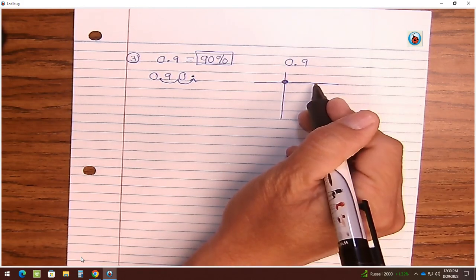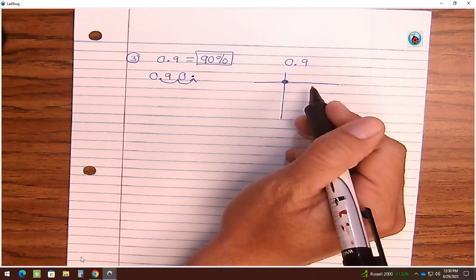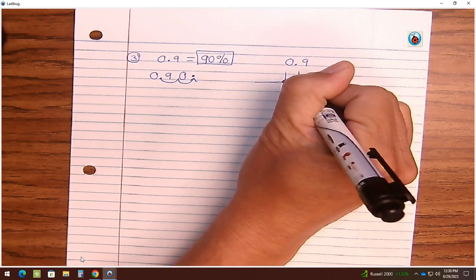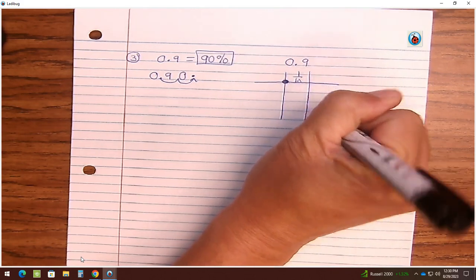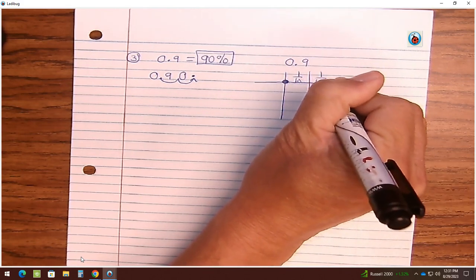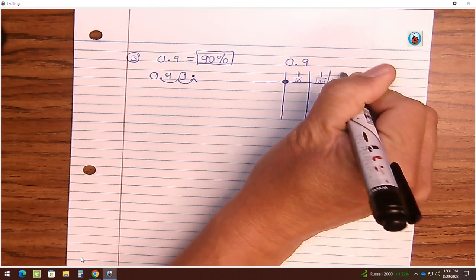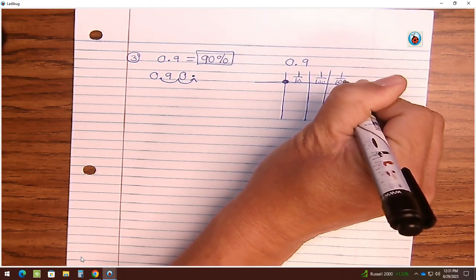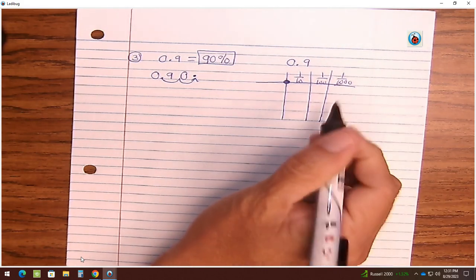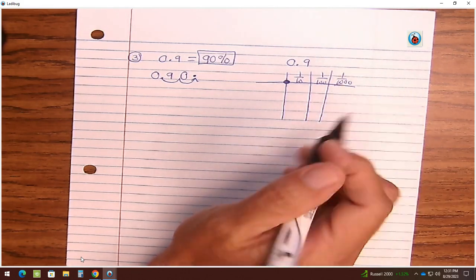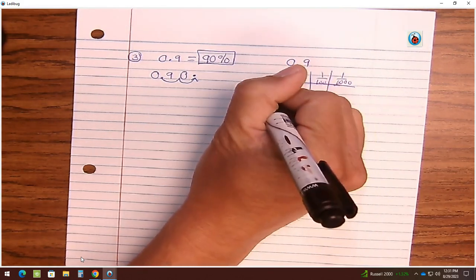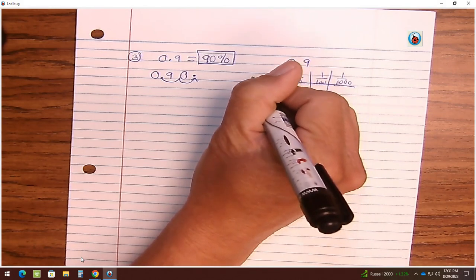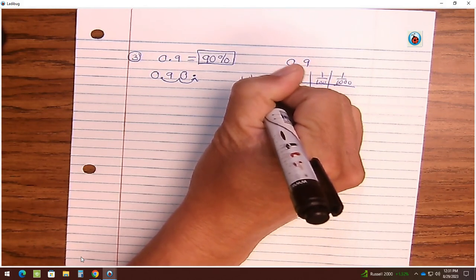On the right of the decimal, you'll find your parts of a whole, which will be your tenths, your hundredths, and your thousandths. And it continues, of course. We stop in the thousandths. On the left of the decimal, you have your units, your wholes, your whole numbers.